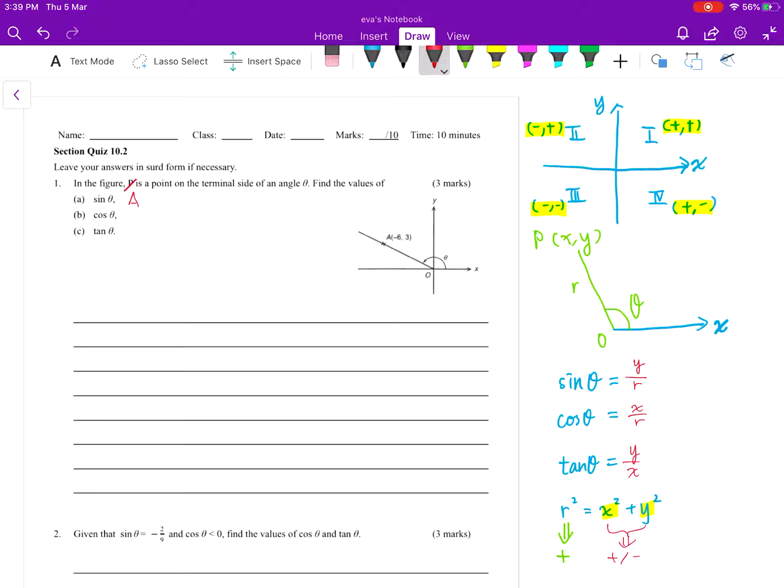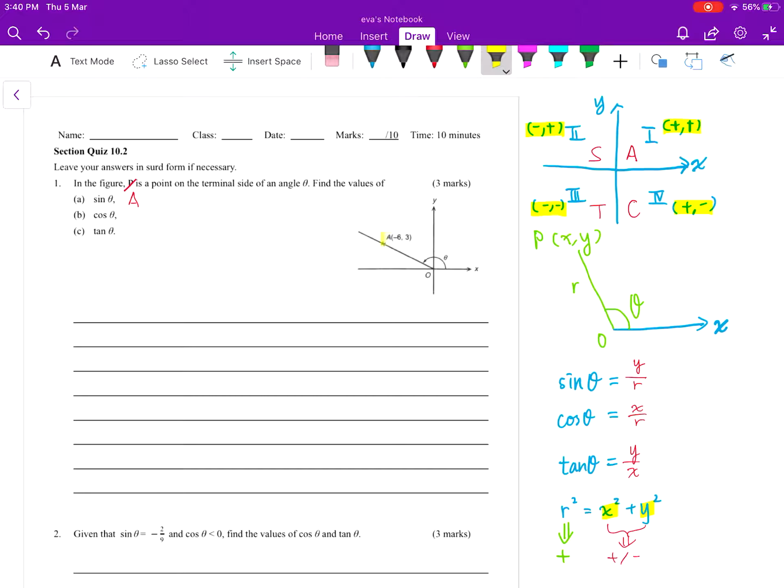Because all the combinations are different, and we want to make it simple to remember, we have CAST to remember in which quadrant sine, cosine, and tangent are positive or negative. If you know this, let's get started with the questions in the quiz.